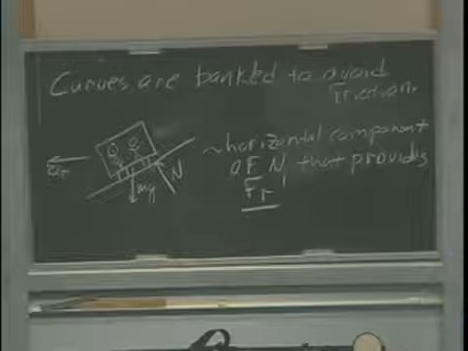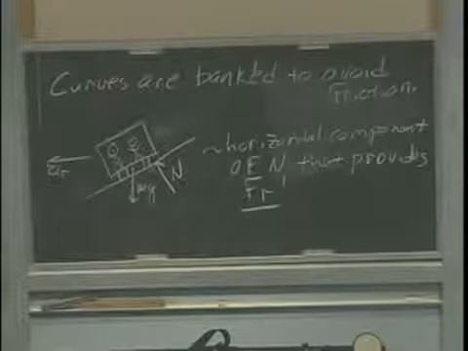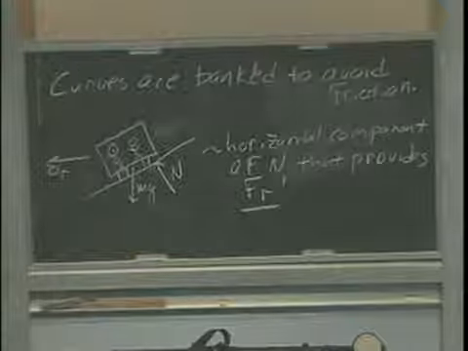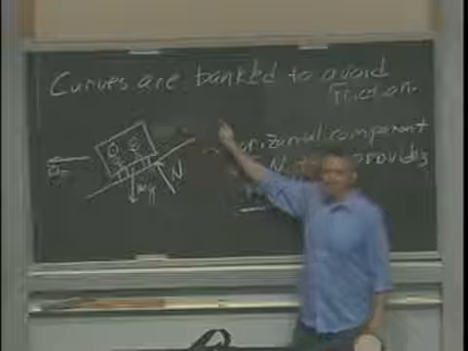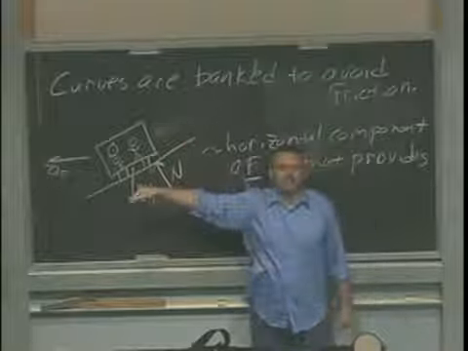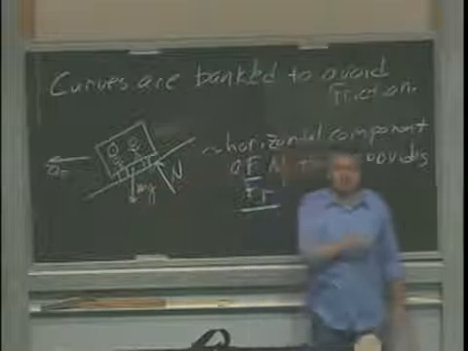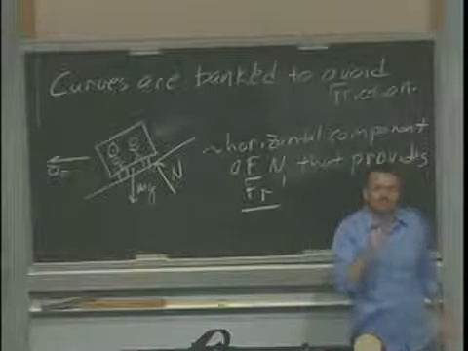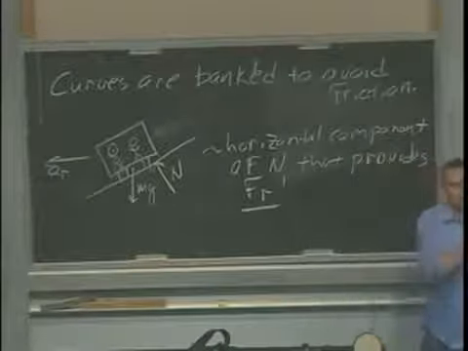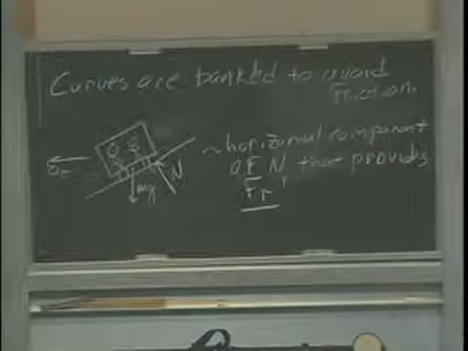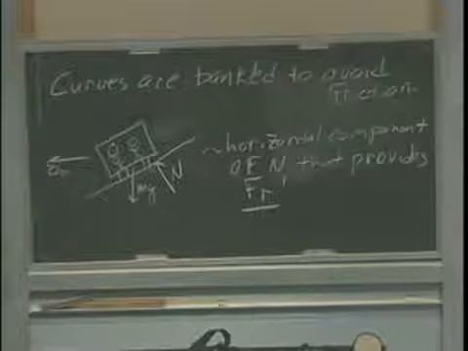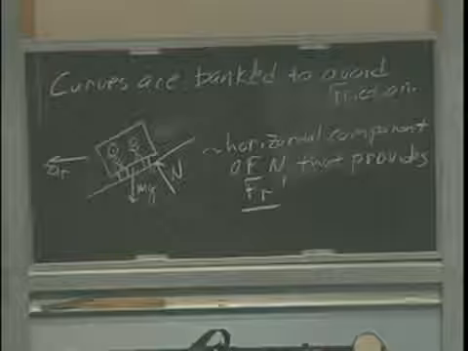So if you go around that curve twice as fast, then you require 4 times as much force in order to keep you going in circular motion, which means that the frictional force that is required if you're speeding around that curve is much larger than the frictional force required if you're going slowly around the curve. So it is better to go slower around curves than faster around curves. Let me make that clear. But both of them actually require frictional force to keep you in.